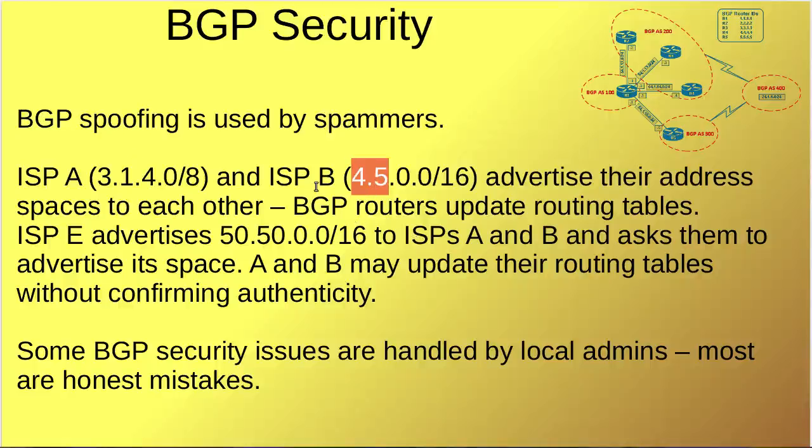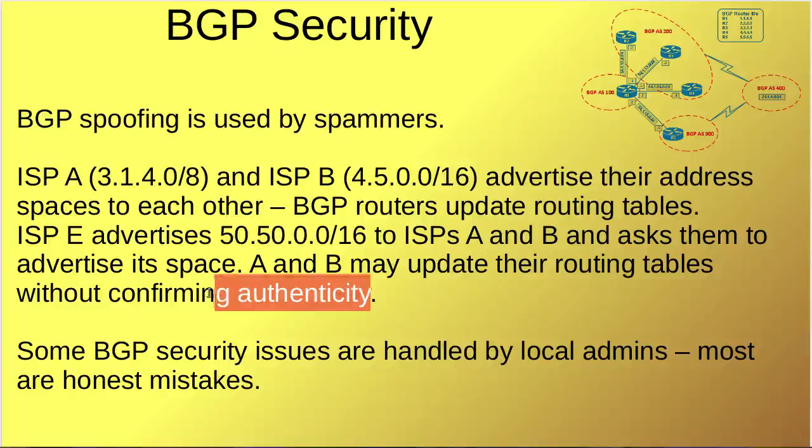Now ISP E can advertise 50.50.0.0/16, which means this is the network part, this is the host part, and saying that basically any packet which starts with 50.50 and is going to some host address in these locations should be sent to ISP E. And so it can advertise this subnet to ISPs A and B and ask them to advertise its space, and then A and B will update their routing tables. Often it used to be done without confirming authenticity, and that was the key problem. So that was the vulnerability.